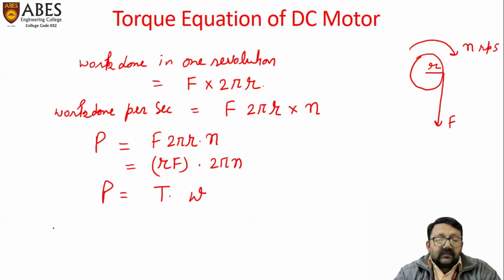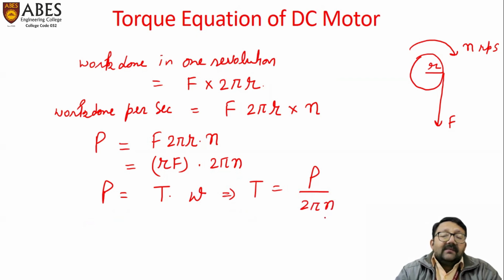Now, from this general expression, we can easily relate torque and power as torque T of a rotating body is P divided by its angular velocity, that is 2 pi n, where n is the speed of this rotating body in revolutions per second.